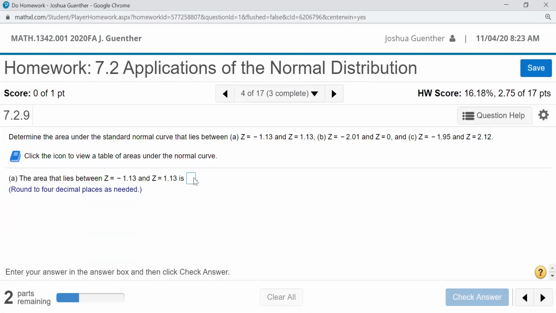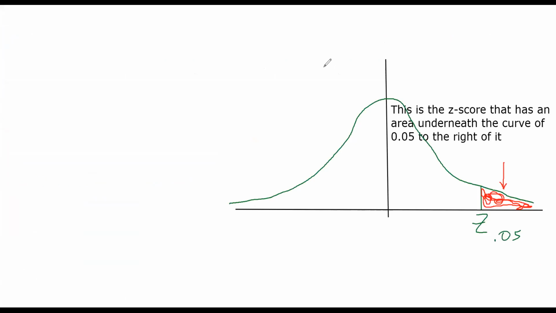Now we can also find the area in between. We can find the area in between two z-scores. So take your standard normal curve.